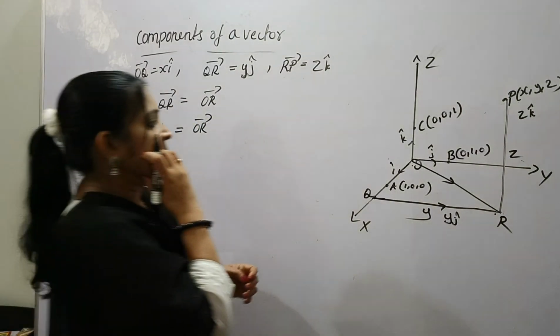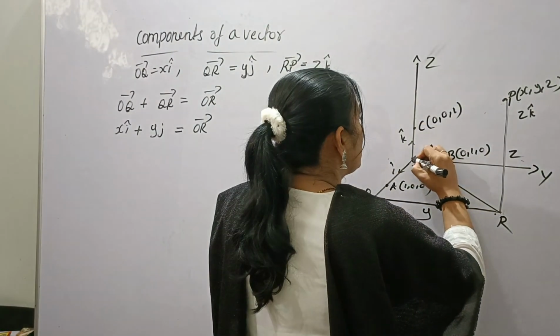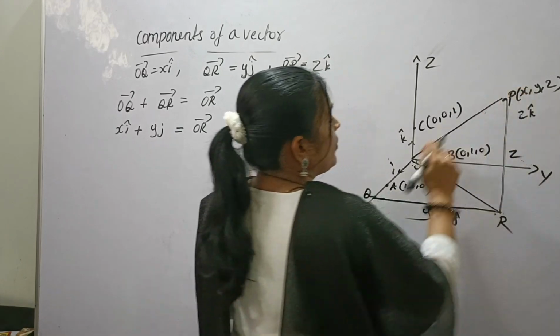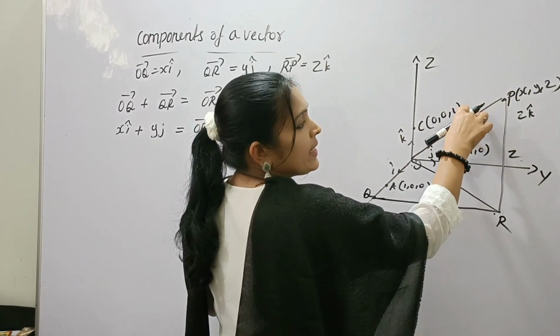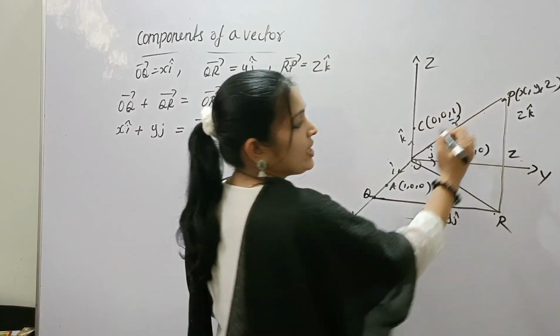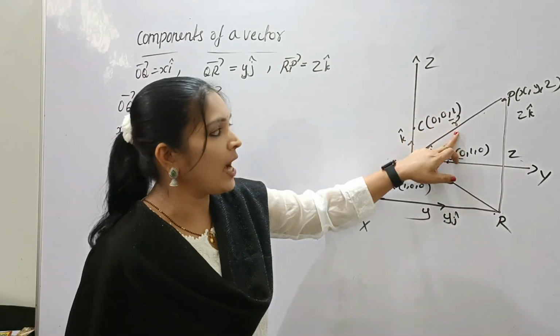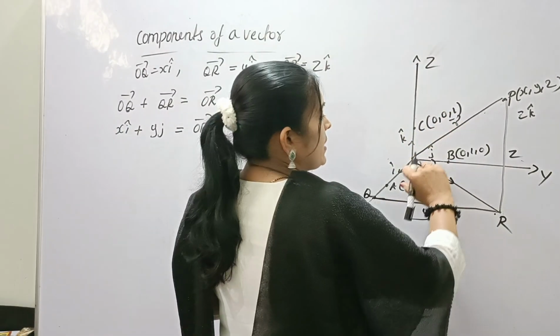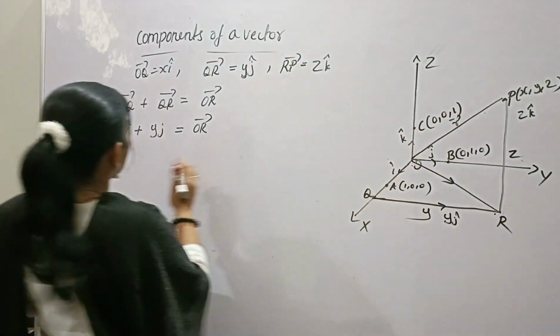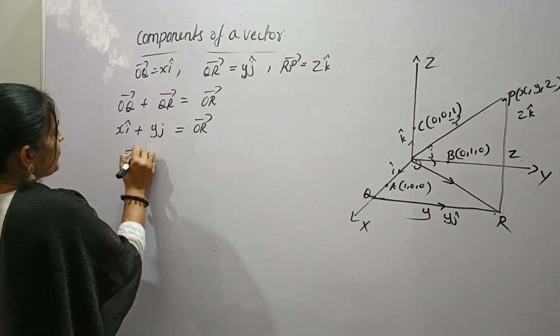Next, from the origin to the point, this is the position vector, vector r. So what is vector OP?